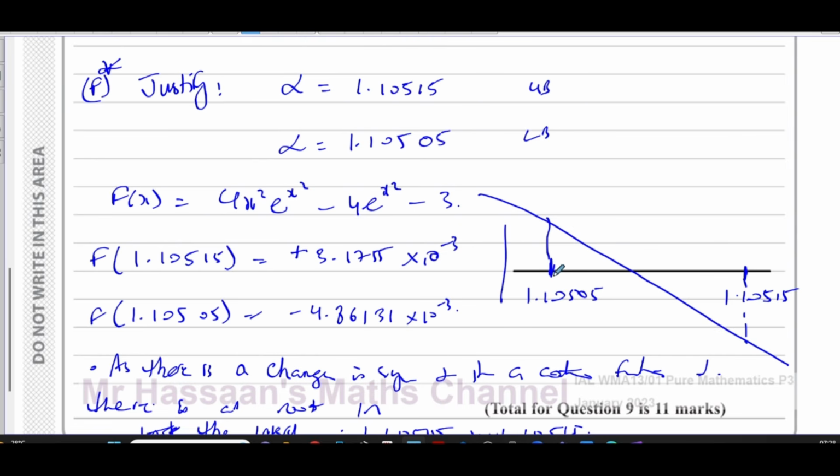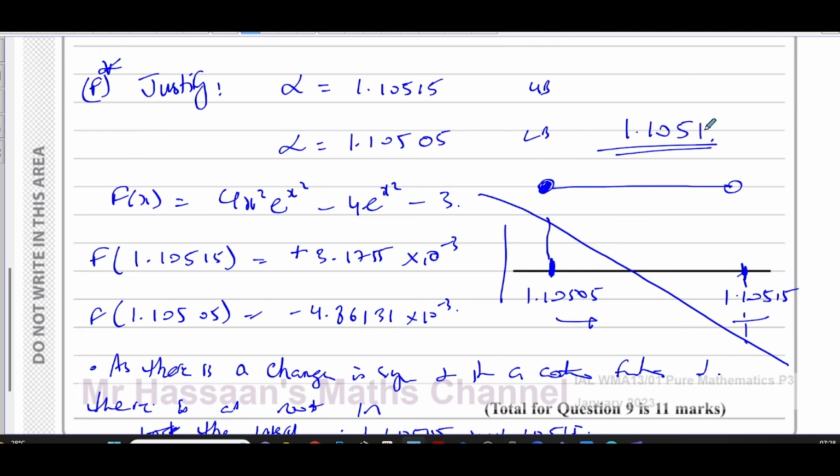Now, everywhere between these two points, if you round this to 4 decimal places, anything just below this value, anything above the lower value and below the upper value, when you round it, it's going to round to 1.1051, which is the value we have to justify is equal to 4 decimal places.